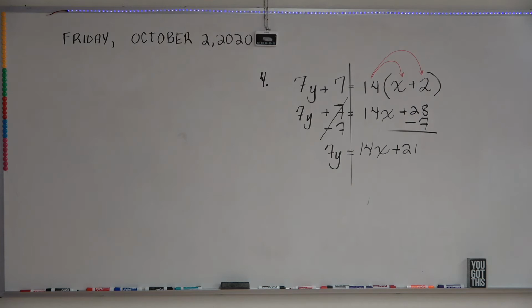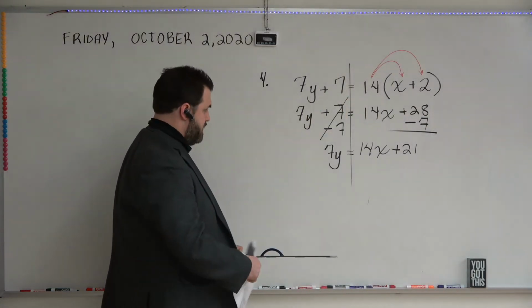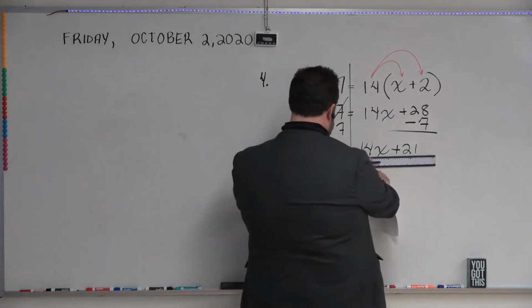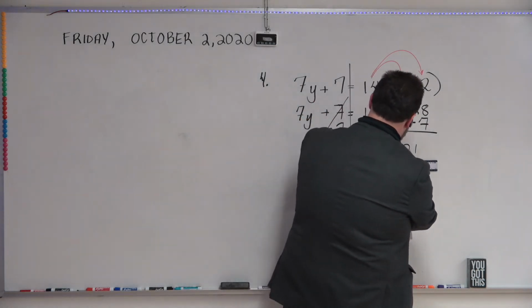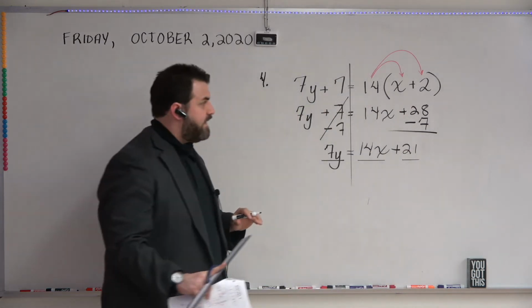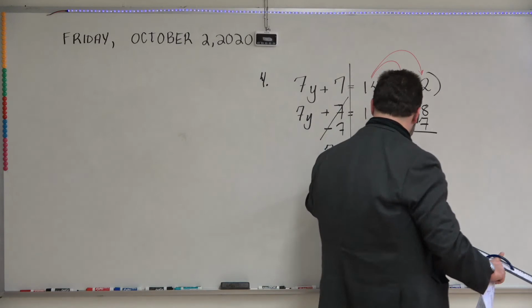Division. Yes, sir. Division. What am I dividing by what? 14 divided by 7 and the 21 divided by 7. And the 7y divided by 7. So we're going to divide everything by 7, like this.